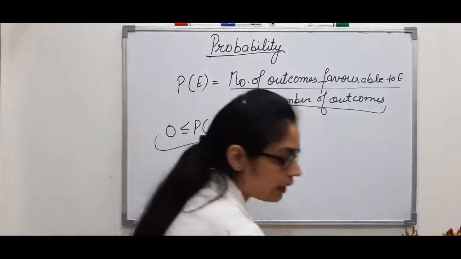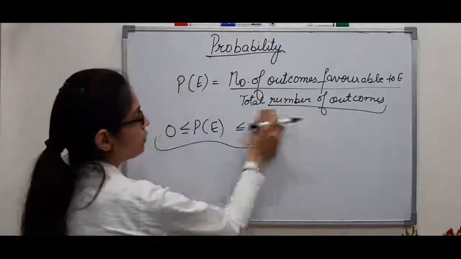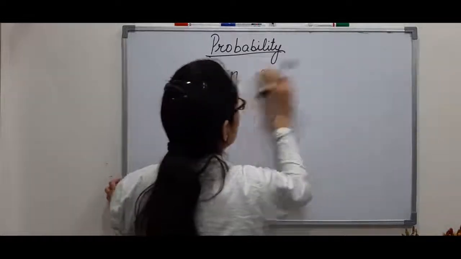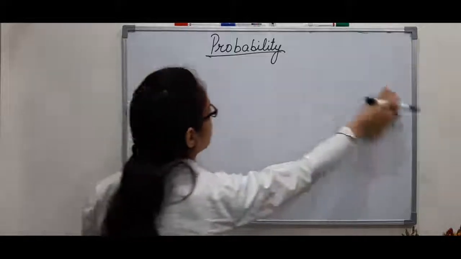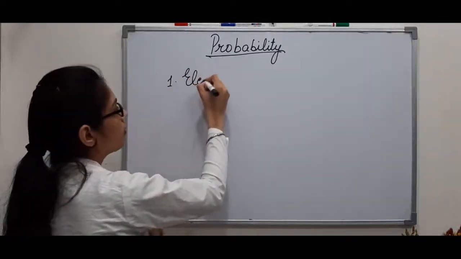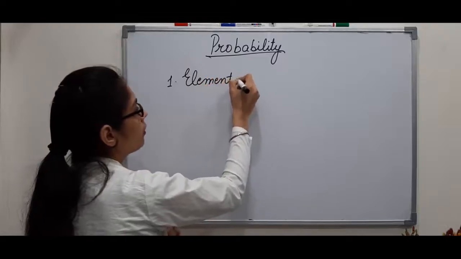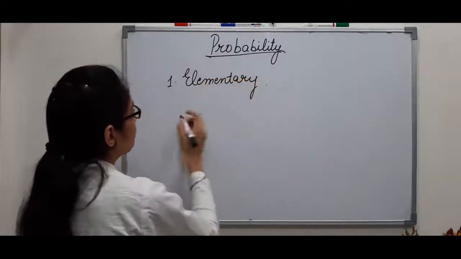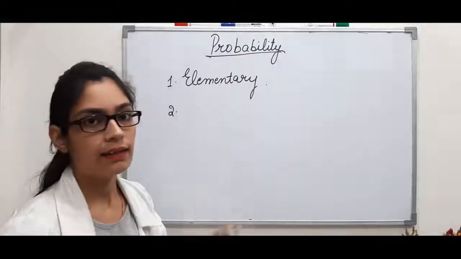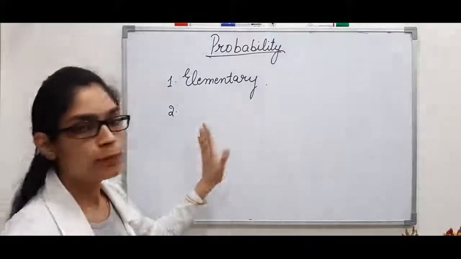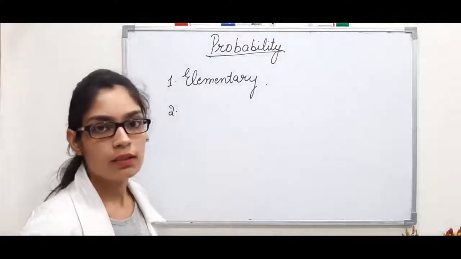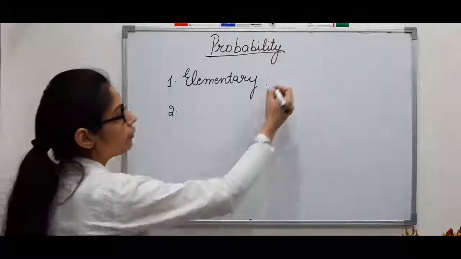Now we have certain types of events which we will discuss now. So types of events are, first is elementary event. These are just the terms. We cannot exactly say these are the types, but these are the terms which we will be using in the chapter. Elementary events.